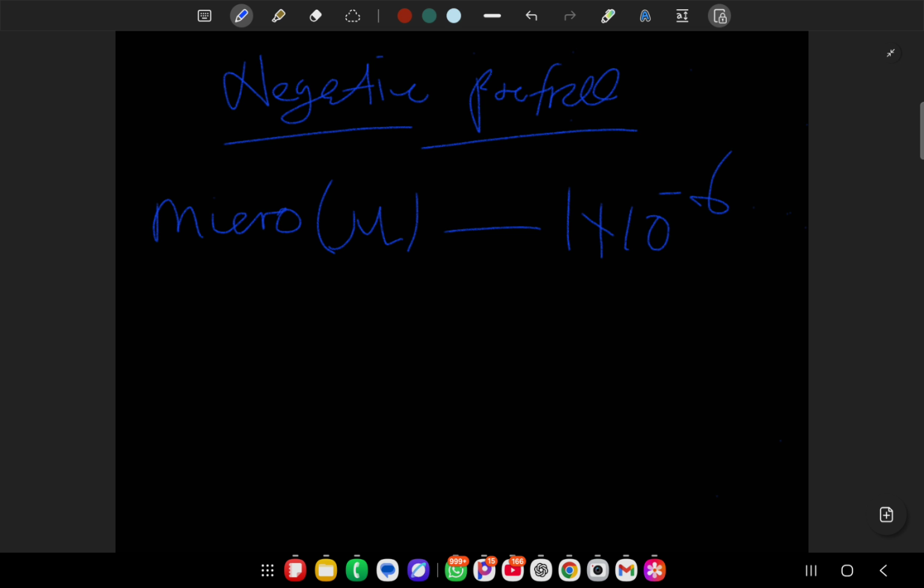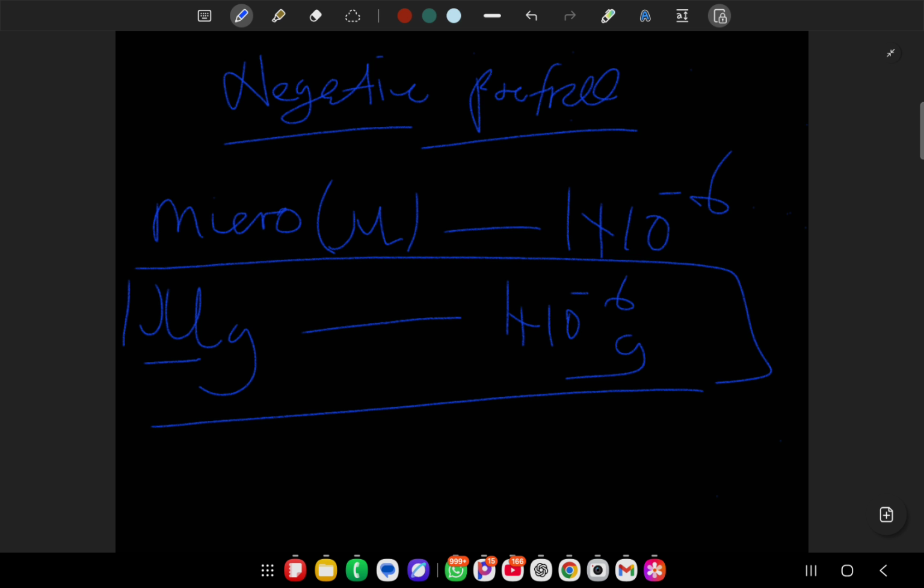If I say microgram, and I want to find out how many grams are in 1 microgram, I just put what micro means there: 1 times 10 to the power of -6 grams. Then I can convert whatever they give me. Can you convert 20 grams to micrograms? I can, because I know 1 microgram is equal to 1 times 10 to the power of -6 grams. Excellent. Let's move on.